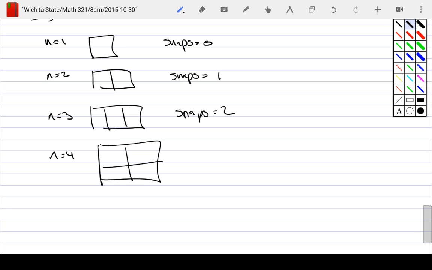How many snaps? If I snap it once, it would look like this. But then each of those is an n equal to 2, which requires 1 for each of those. So total snaps are 3.